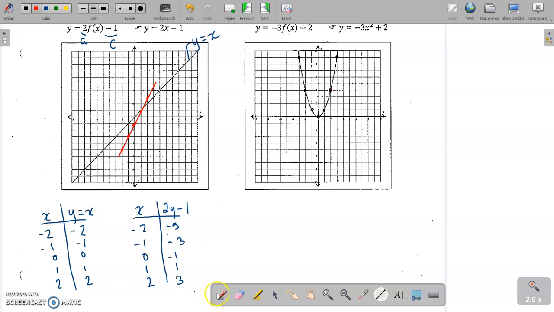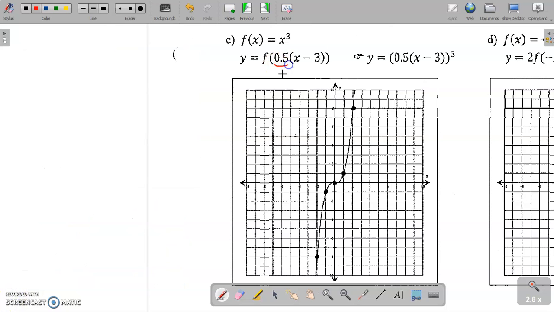And keep in mind that it does stretch forever in both directions. So this would be now your transformed line, y equals 2x minus 1. Do the quadratic. I'm not going to even graph that. You're going to try it on your own. And if you have a question about it, you can let me know.